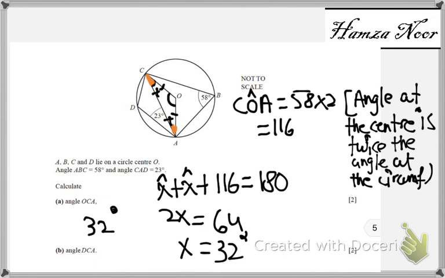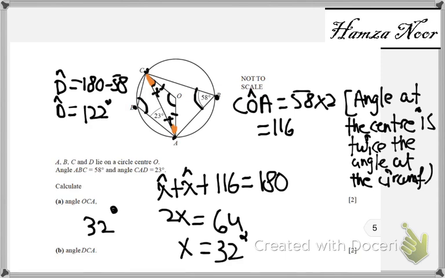Alright, so the next part. Now since you know that this whole figure C, D, A, and B is a cyclic quadrilateral, and angle B is equal to 58, angle D will be equal to 180 minus 58. So angle D is equal to 122 degrees.